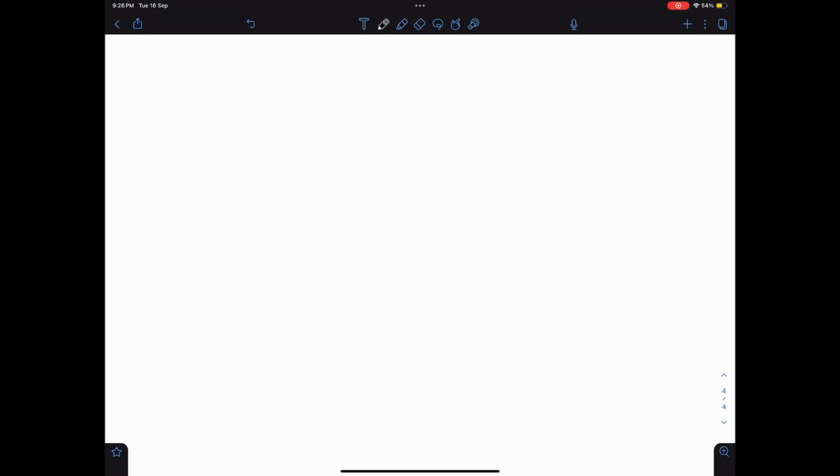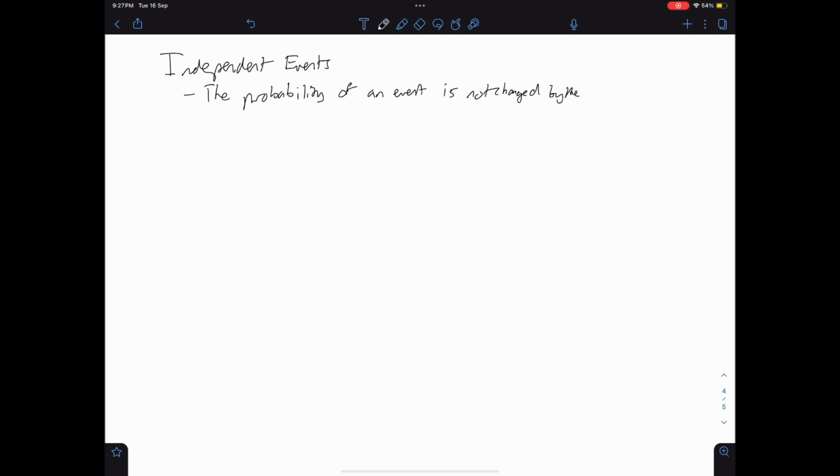So now we'll move on to the idea of independent events. If events are independent, the probability of an event is not changed by the outcome of the other.